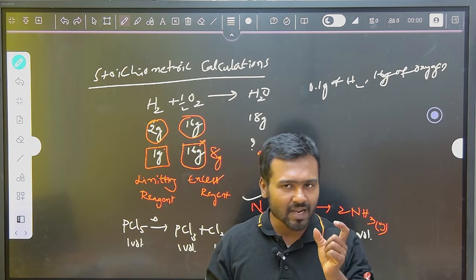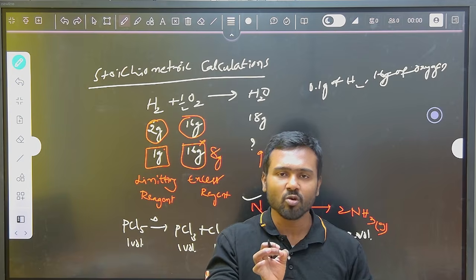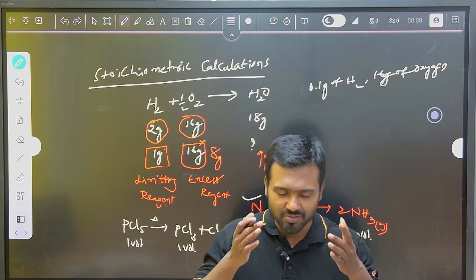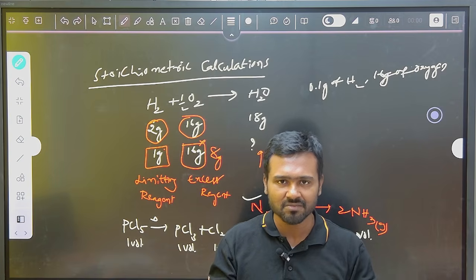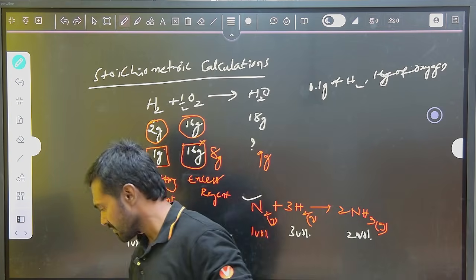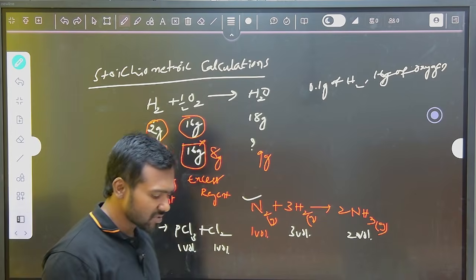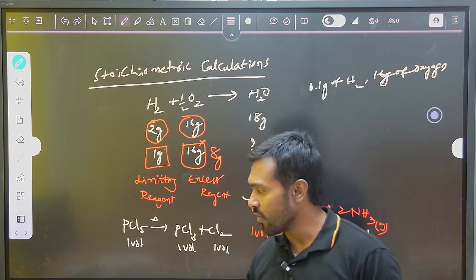If they say it is a complete combustion, that means O2 is in excess quantity, because complete combustion takes place in the presence of excess oxygen. So it's very, very important: limiting reagent, excess reagent, and then the volumes.